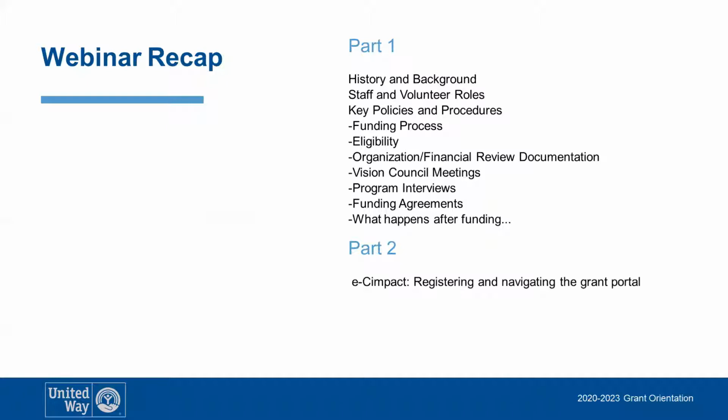Part 2 was doing a hands-on review of EC Impact, how to register a new organization, as well as how to get your programs ready to go for the application process for the organization and financial review information, and ultimately the eligibility determination. These webinars were recorded and will be available tomorrow, November 12th, by clicking the procedure and key dates files on the website.